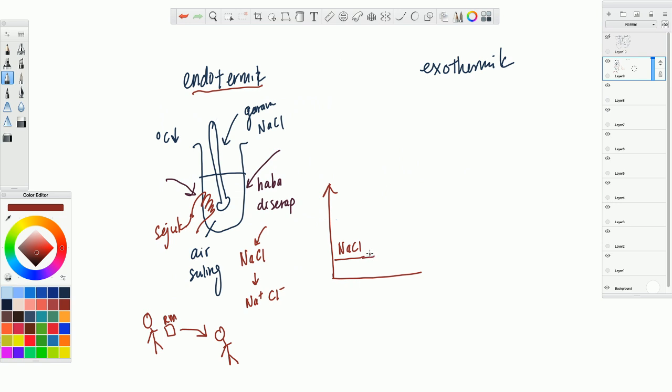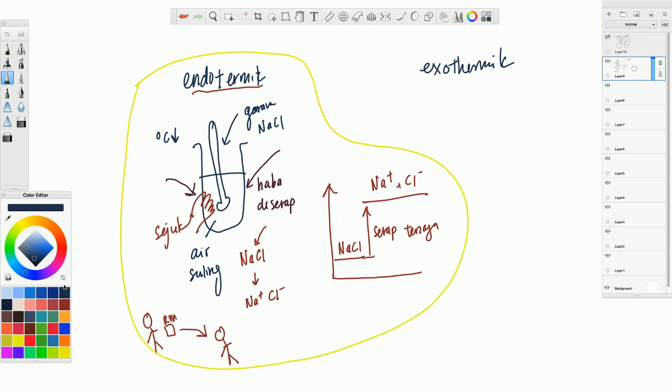Tetapi apabila dilarut dalam air, dia serap tenaga daripada sekitaran dan ion natrium dan ion klorida dalam bentuk aqueous lebih tenaga. Tenaga itu datang daripada air, tabung uji. Oleh itu, air dan tabung uji mempunyai suhu yang menurun. Okey, ini ialah tindak balas endotermik.